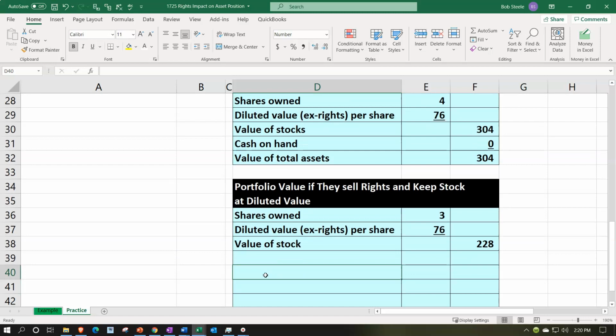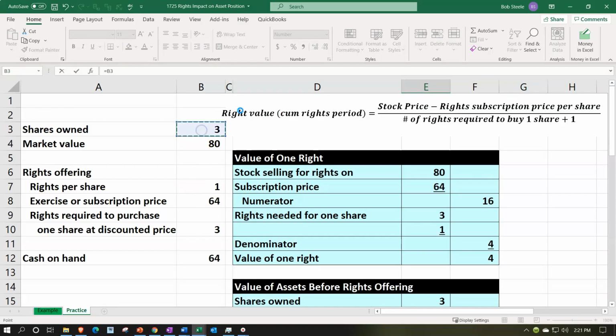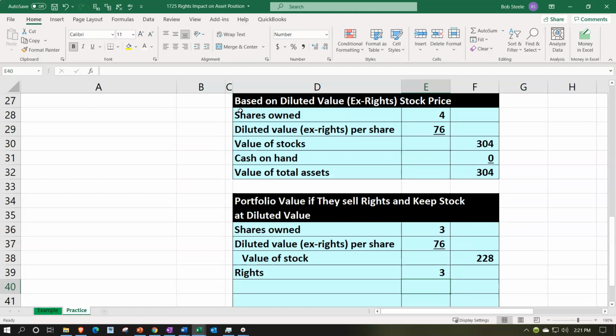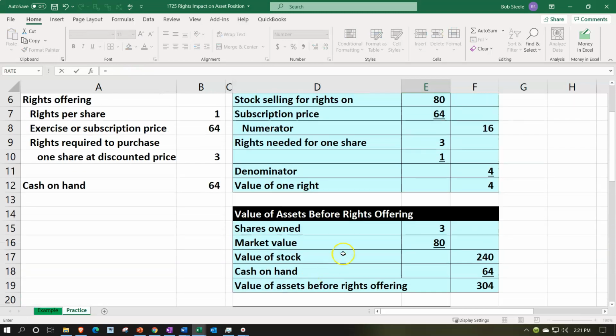And then we have the rights that basically we're going to let them expire and hopefully get paid on the rights. So we're going to say alignment, indent that one. The rights are going to be 3, or you can imagine selling the rights, right? So we have 3 rights, and the sales price per right we could sell them for, we calculated up top, is equal to the 4.